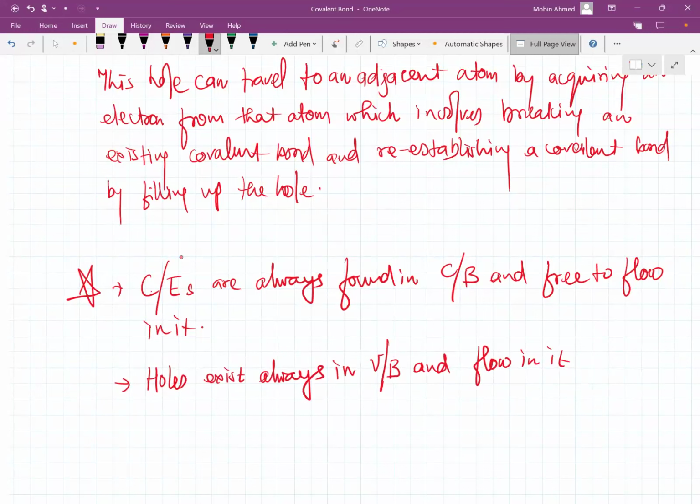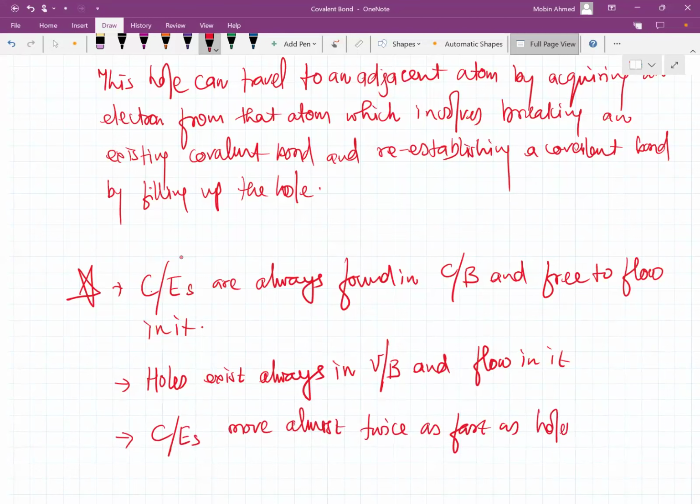I have told you: the hole can travel to the adjacent atom by acquiring electrons from that atom. Conduction electrons move almost twice as fast as holes.